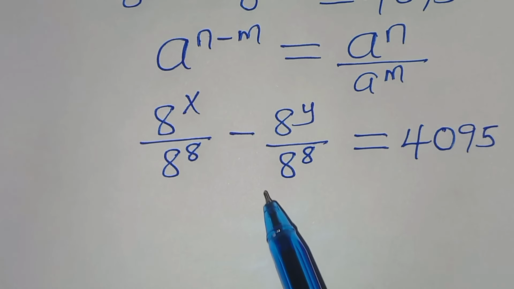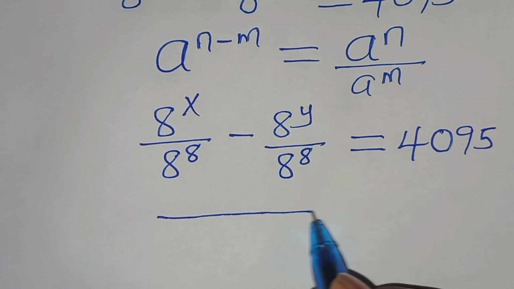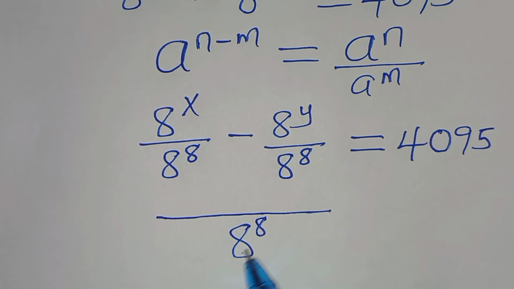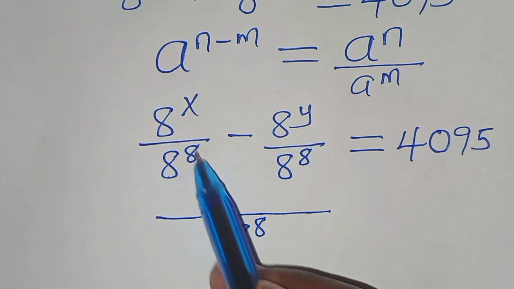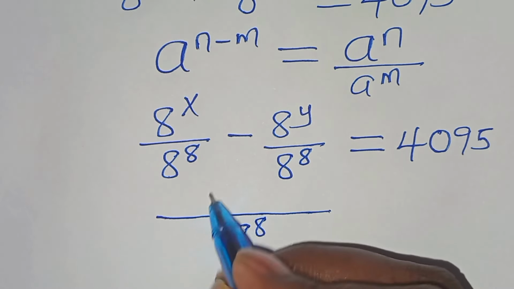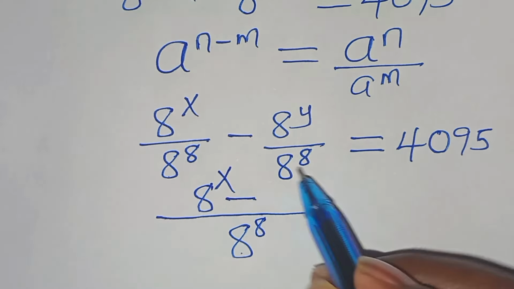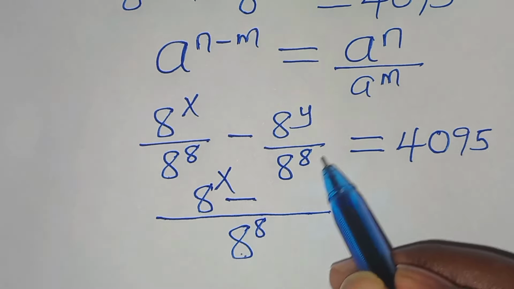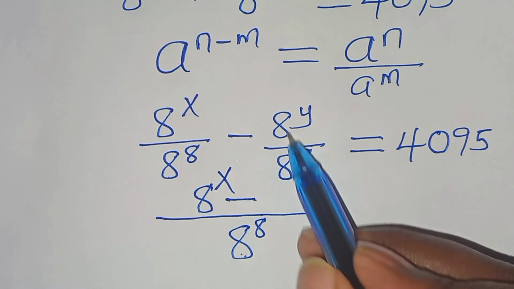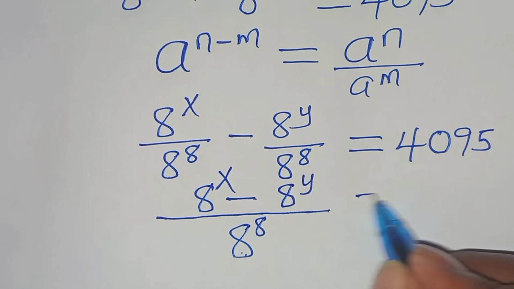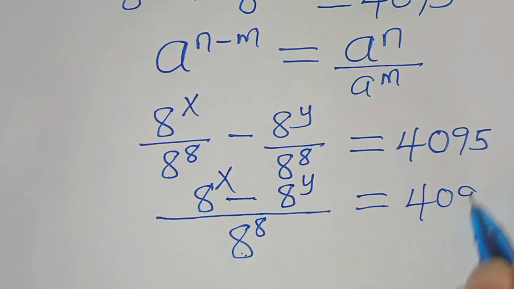The next step is that the LCM here is 8 to the power of 8, such that 8 to the power of 8 divided by 8 to the power of 8 times 8 to the power of x is the same thing as 8 raised to the power of x, minus 8 to the power of 8 divided by 8 to the power of 8, which is 1, times 8 to the power of y. So this is 8 to the power of y, equal to 4095.